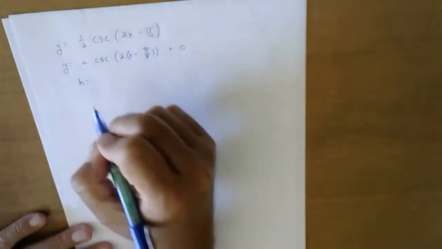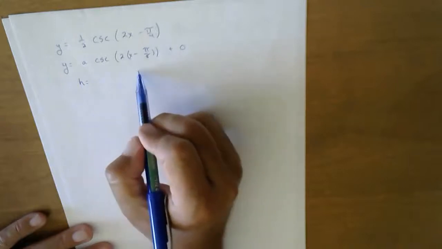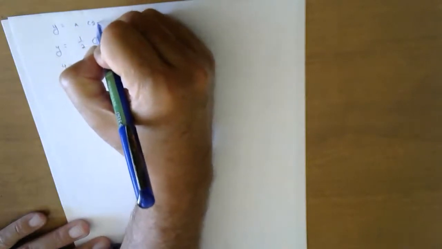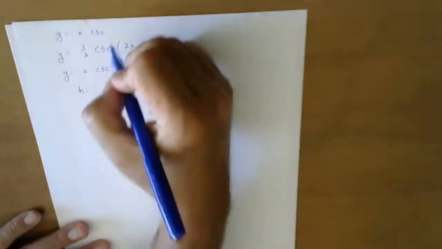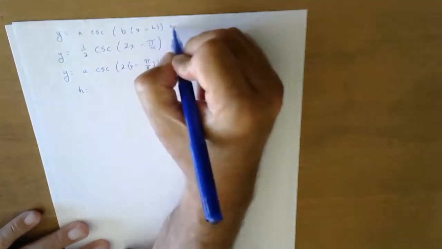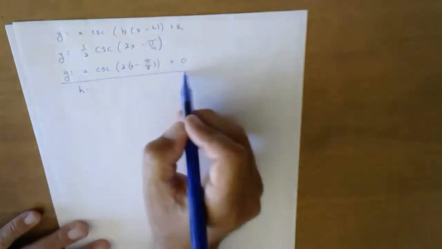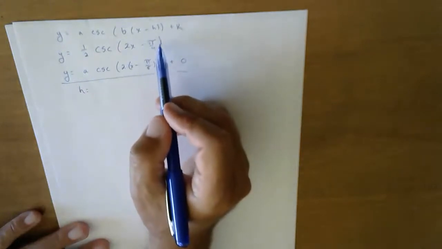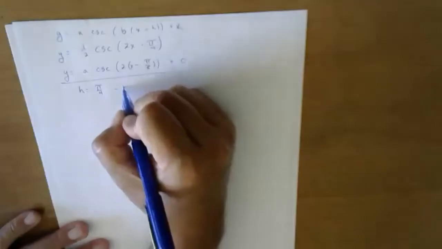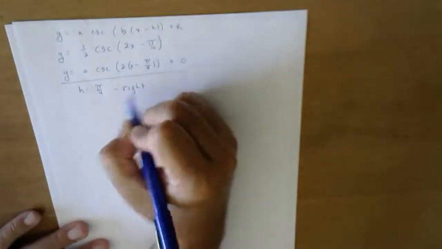So when I get ready and start identifying this, I'm going with y equals a cosecant of b times x minus h, plus k. So for this problem, my h is going to be just pi over 4, which tells me I'm going to go to the right.